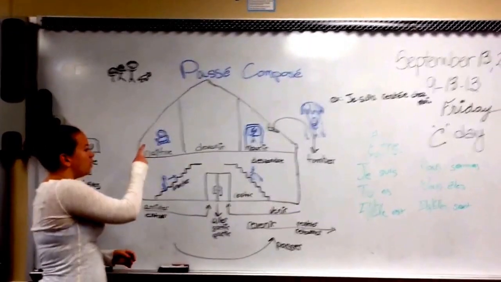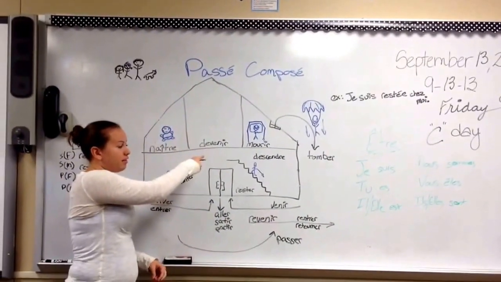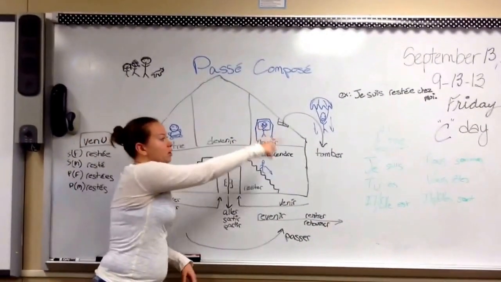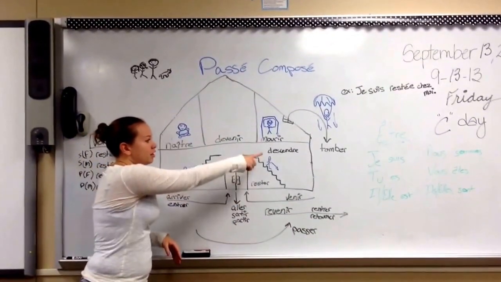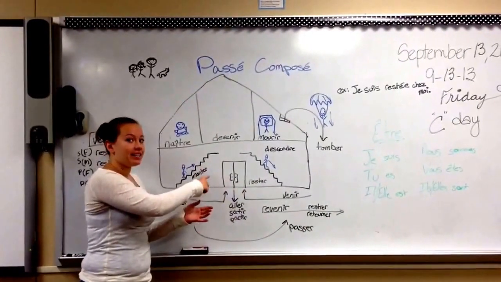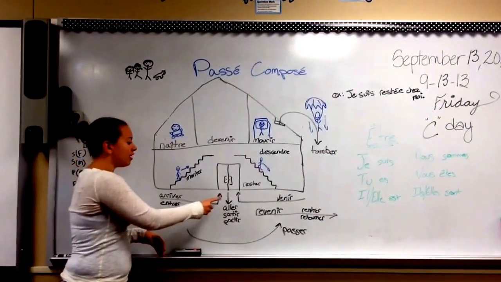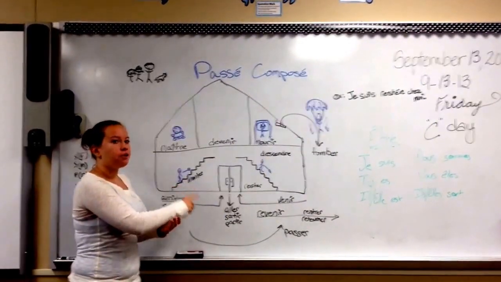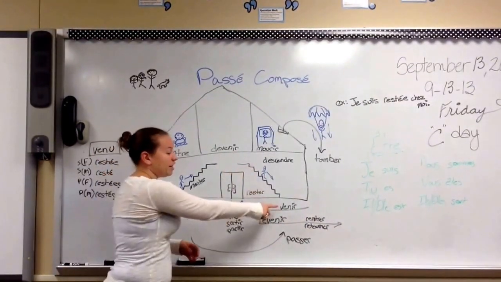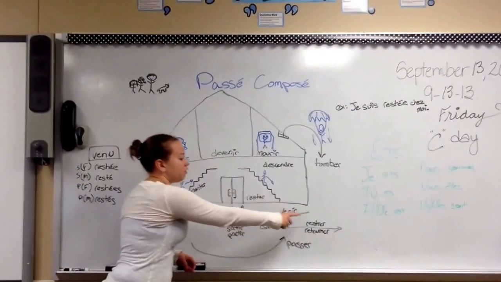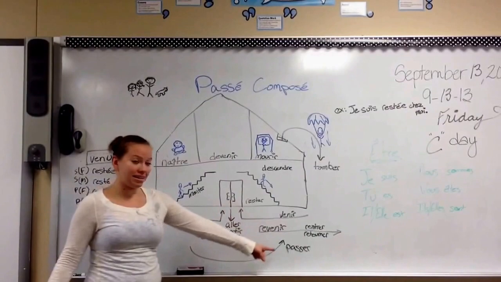One version is of the house. So you have naître, which is to be born, devenir, mourir, to die, tomber, to fall, monter, to go up, descendre, to go down, rester, to stay, arriver, entrer, to arrive, to enter, aller, sortir, partir, to go out, venir, to come, revenir, to come back, rentrer, retourner, passer, to pass by.